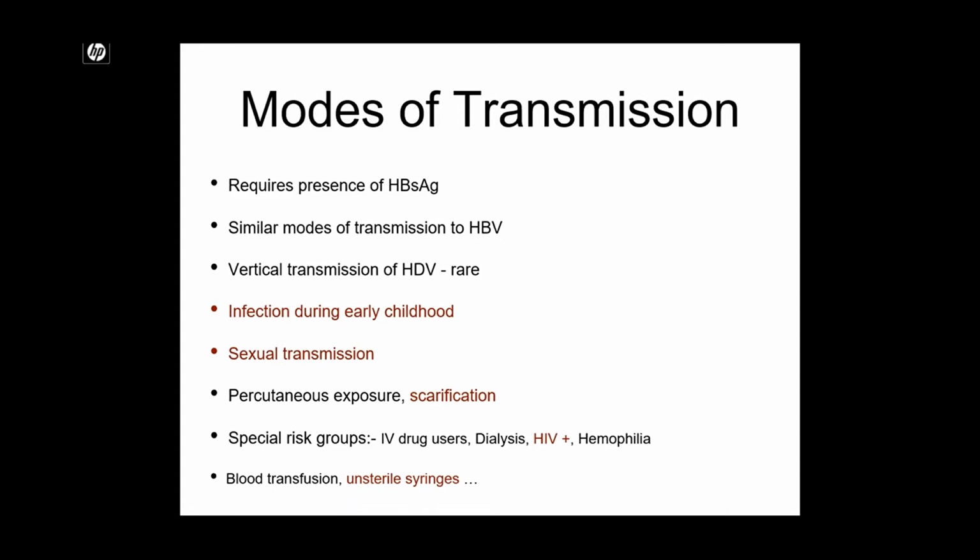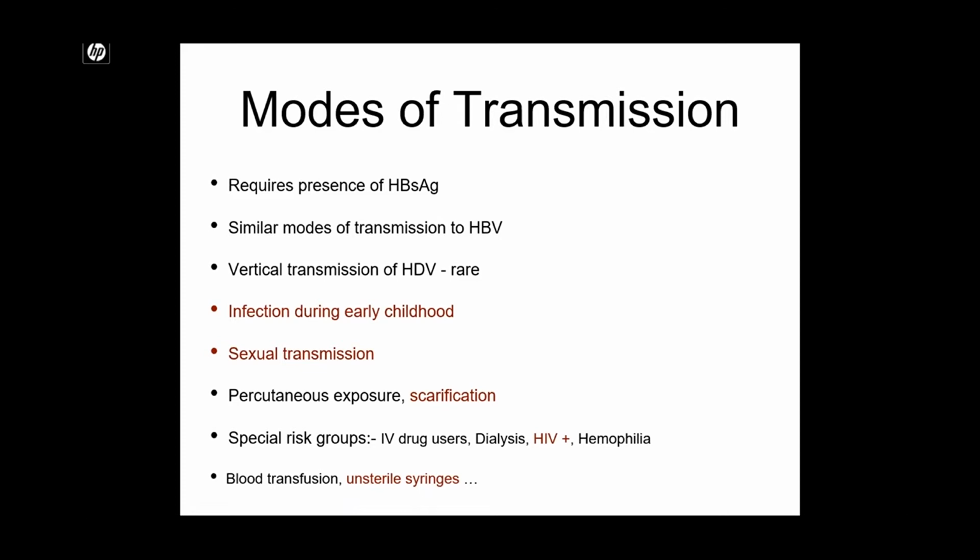Practices that are common in Sub-Saharan Africa also include traditional practices like scarifications. Whenever individuals have some sort of pain in the abdomen or different areas, they will have scarification that could probably use similar needle exposures, and percutaneous exposures are an important mode of transmission.